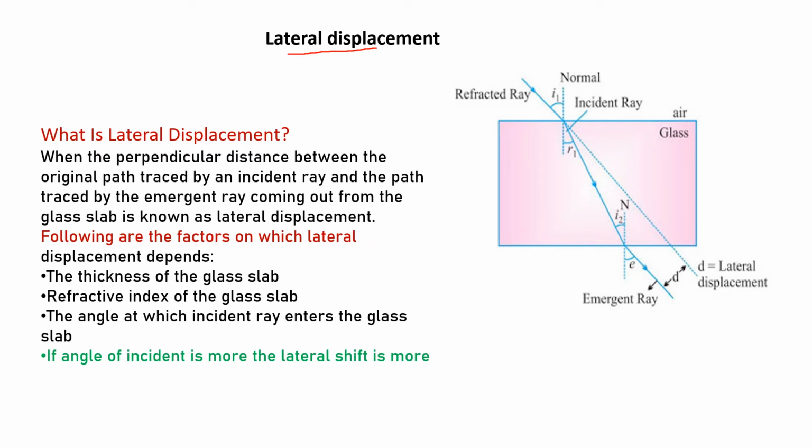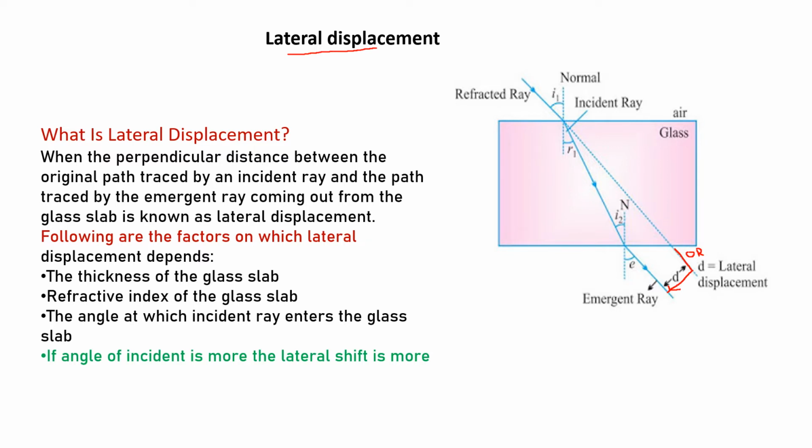So this distance, what is a lateral distance? It is the perpendicular distance between the original path, this is the original path, right, and the path traced by the emergent ray.